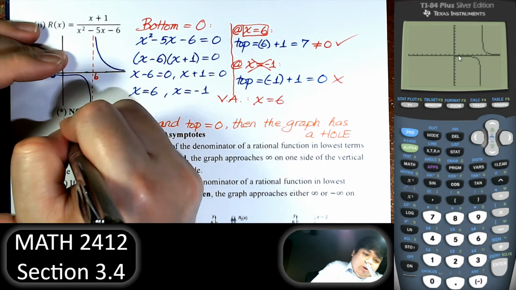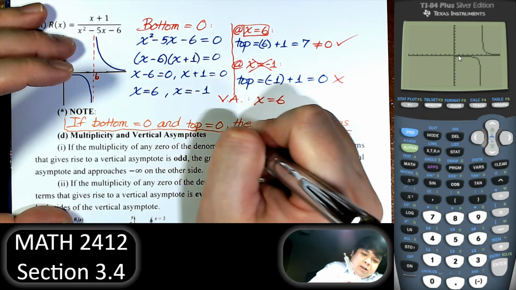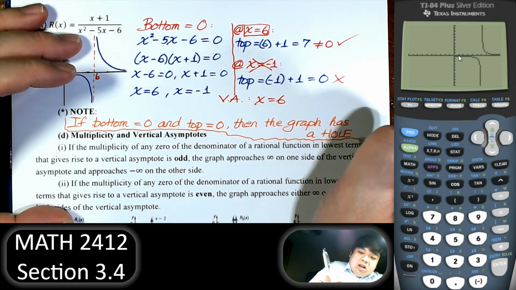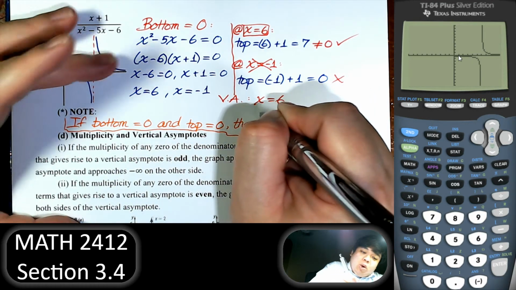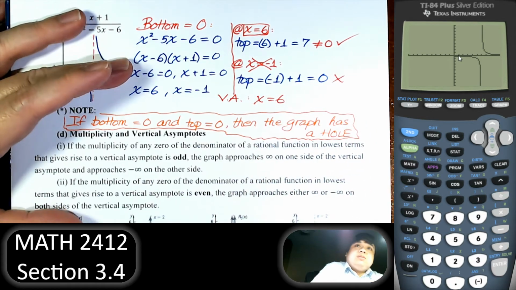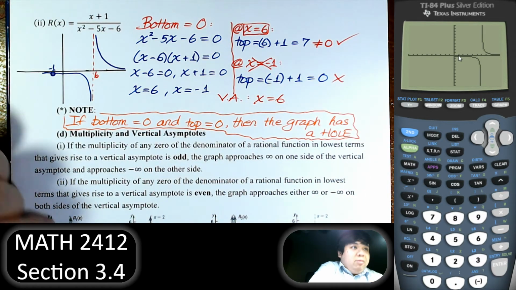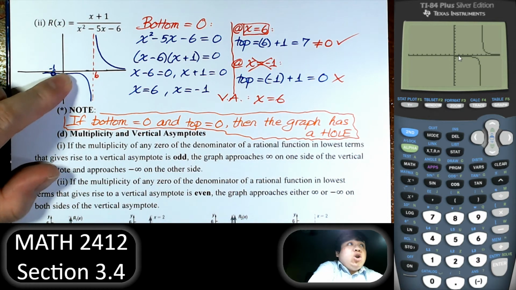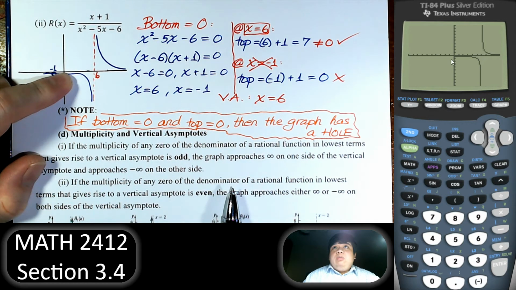That is where the function is undefined, but we're just missing one point of the graph. The calculator did not show that, but at negative 1 they're missing a point there.